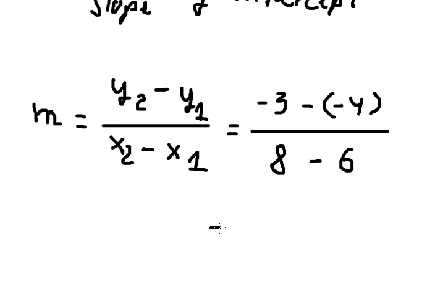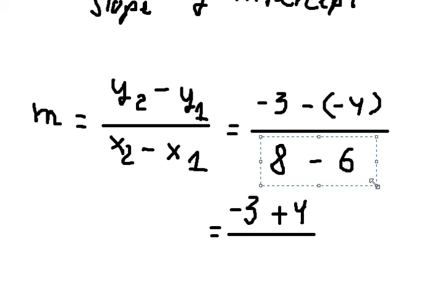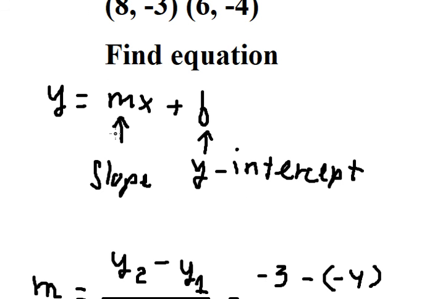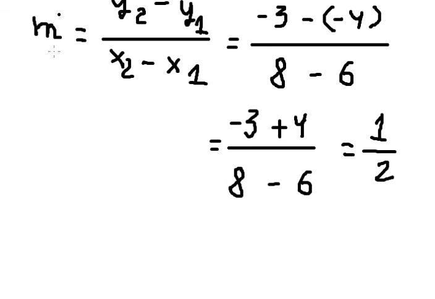So negative and negative, we have positive. Negative 3 plus 4, we have 1. 8 minus 6, we have 2. So we put m equal to 1 over 2 here.